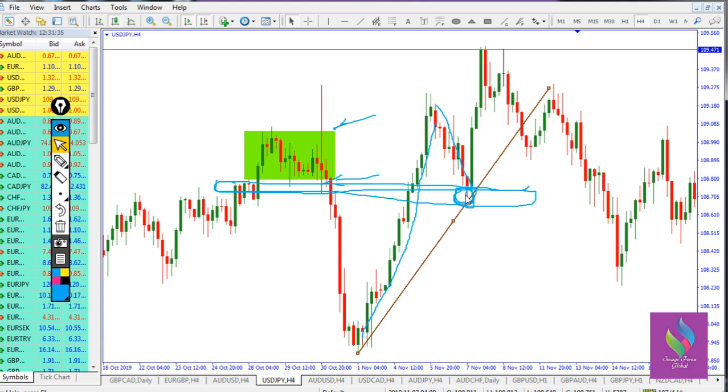And these two key levels will give you an entry for a proper buy. And that is how you have this. So we expect that we have price reacting at this area again.